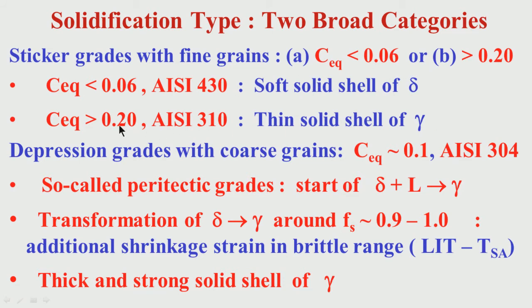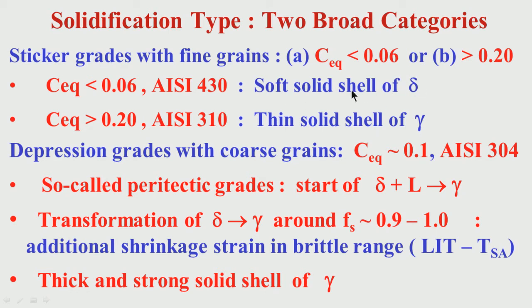For high carbon equivalent, at 310, because of totally austenitic solidification, you have a thin solid shell of gamma. Because it is thin, it cannot withstand ferrostatic pressure, so there is a sticking tendency. And for low carbon equivalent and low nickel equivalent by chromium equivalent, that means 430, you have a soft solid shell because it is delta.